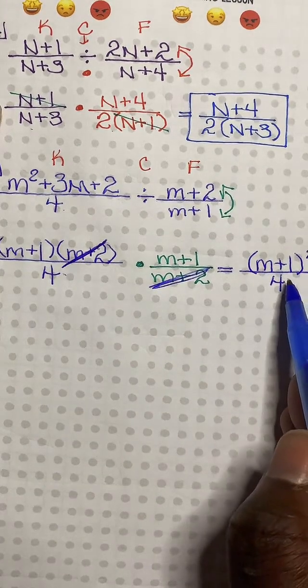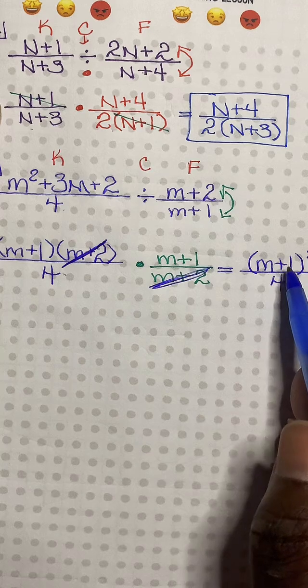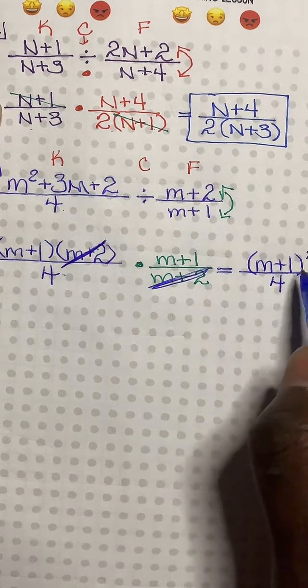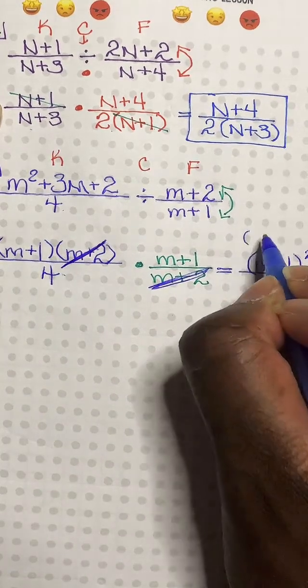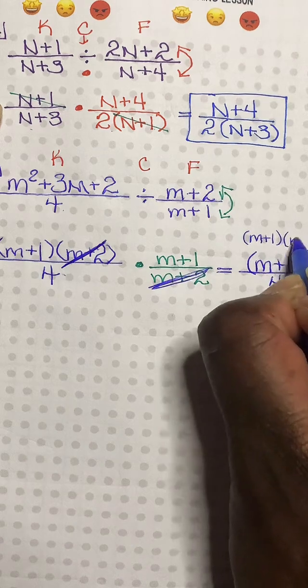Now, would you be wrong if you left your answer as m plus 1 times m plus 1? Probably not. But it's also good for you to know that this means exactly the same thing.